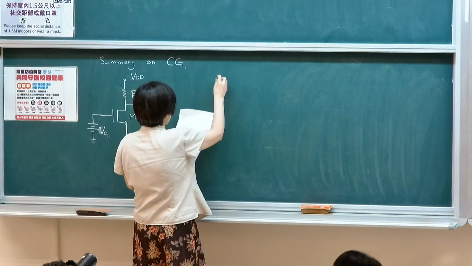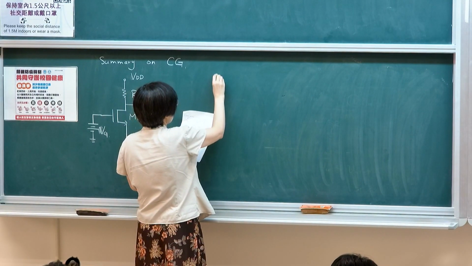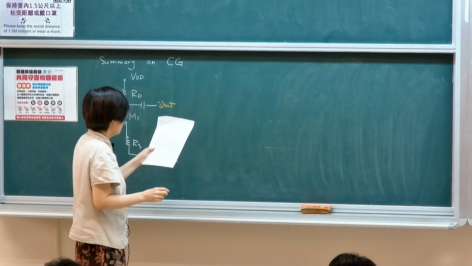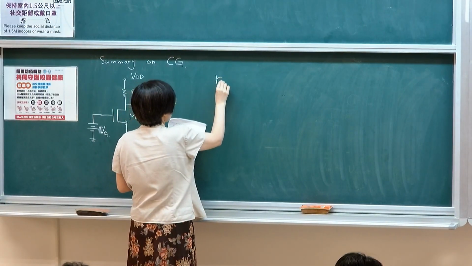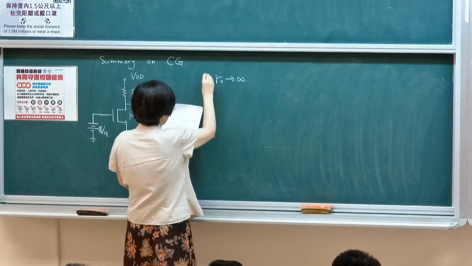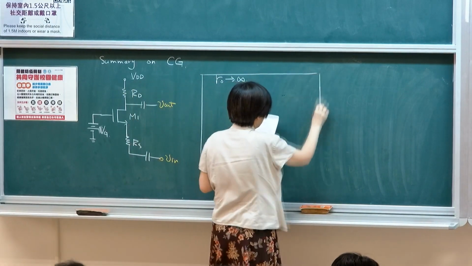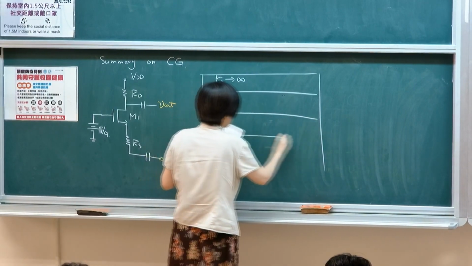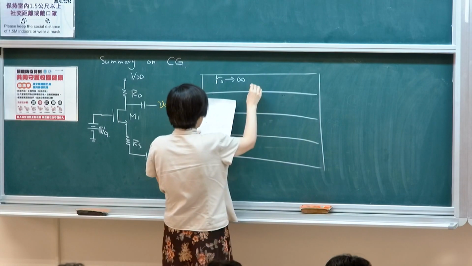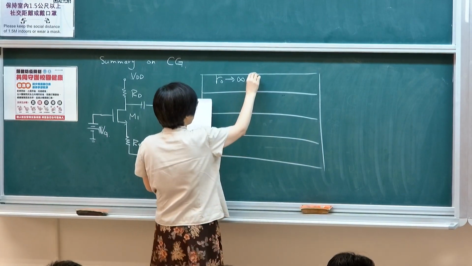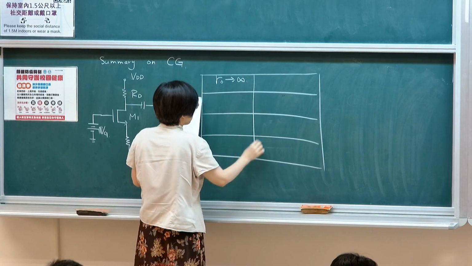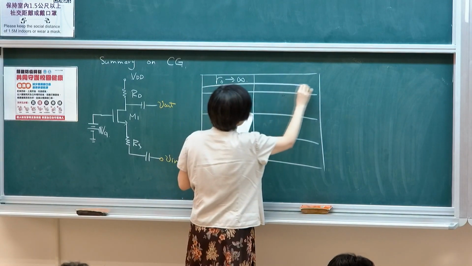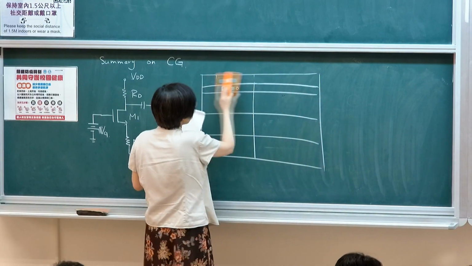First of all, the most simple one is when RO is infinite. So there are 3 scenarios. This is when RS is 0. I should make a better table.